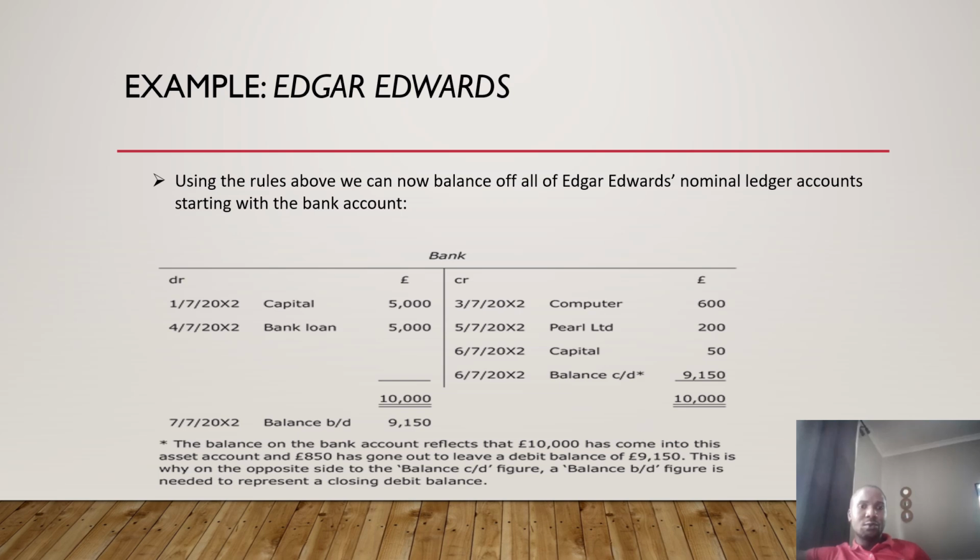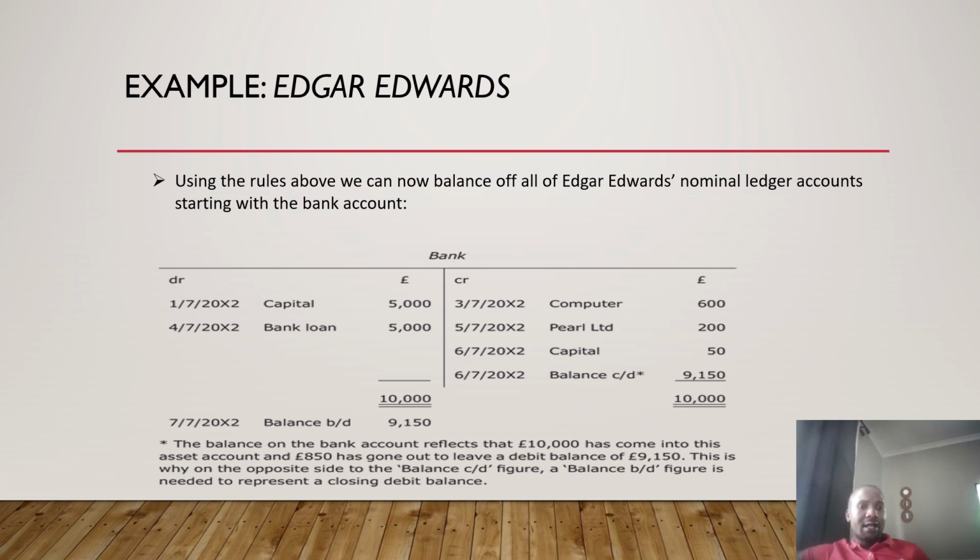That's why we took the total for the debit side as the total for both sides. So it was 10,000. And then we subtracted the total for the credit, which was 850, from 10,000, which gives us our balance carried down of 9,150. So this one will be a debit balance because the debit side had a larger total than the credit side. So the balance on the bank account reflects that 10,000 has come into the asset account and 850 pounds has gone out, to leave a debit balance of 9,150 pounds.